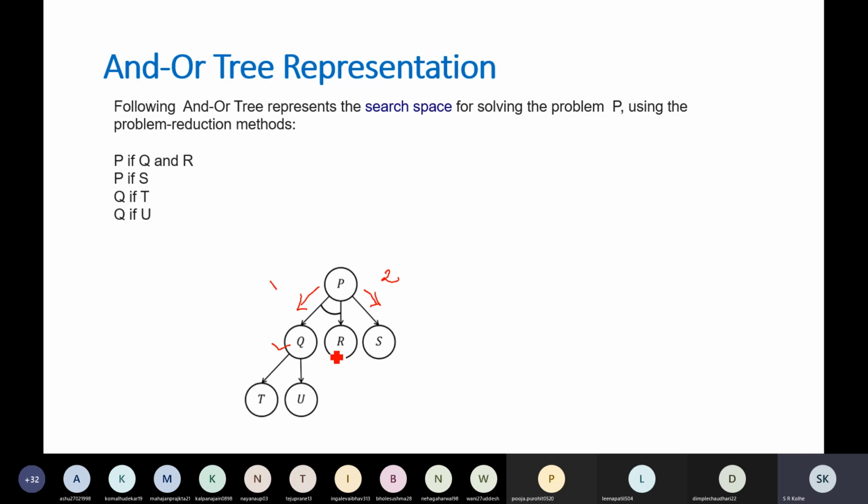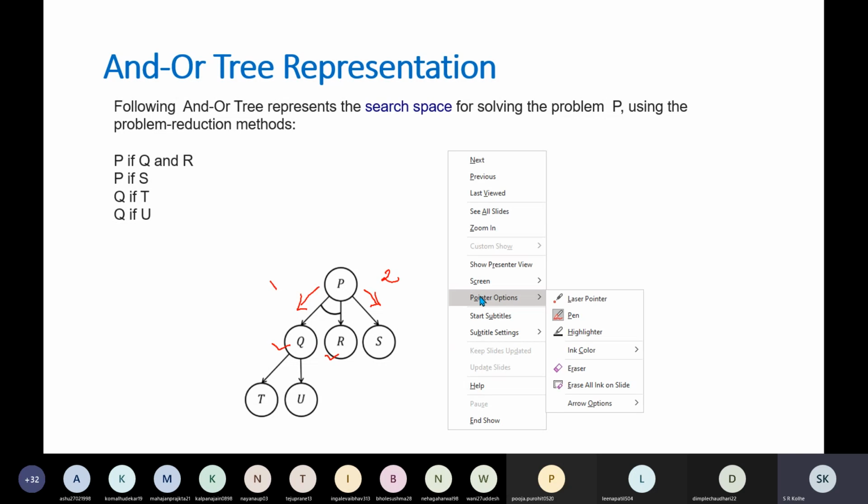So you are going to solve this Q and R to solve this P. Or there is a second way, you can solve this S. This is OR type of arc, so this is the second way. Such a graph is called an AND/OR graph.